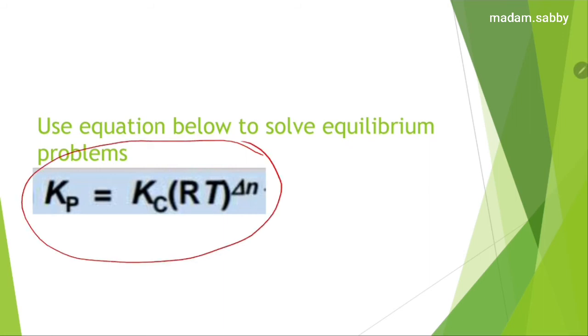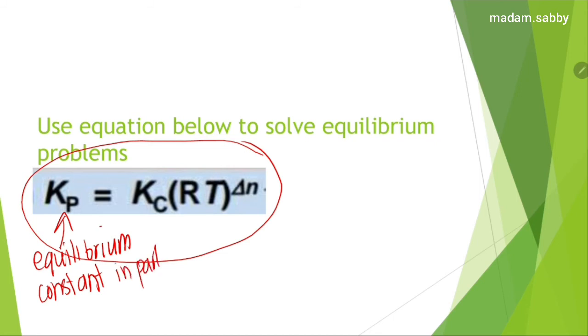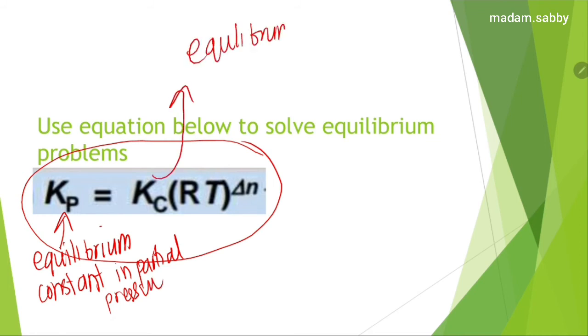Kp is your equilibrium constant in terms of partial pressure, whereas Kc is the equilibrium constant in terms of concentration.